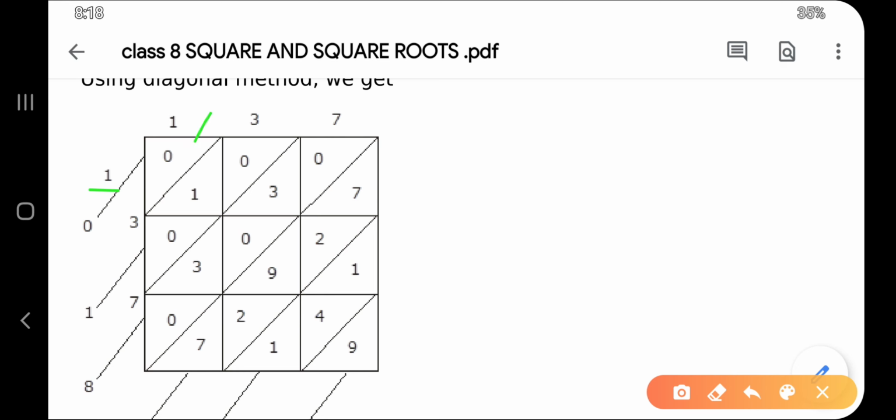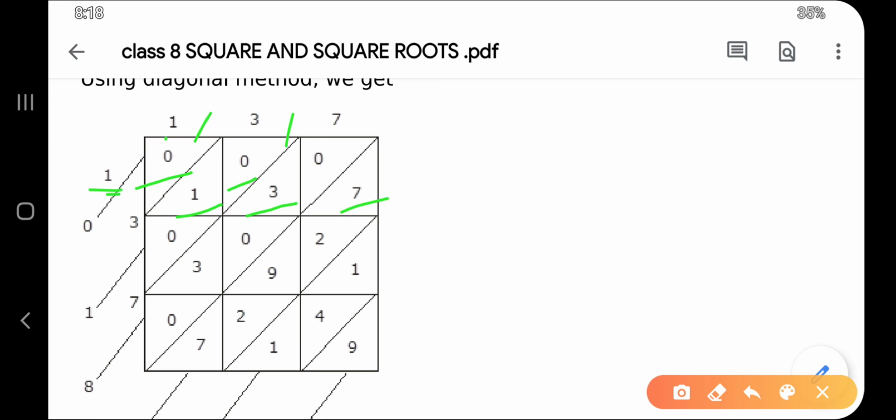1 multiplied by 1 is 1 itself, so the ones place you have to write in the lower box, and as it doesn't have any second digit, 0 would be written in the other box. Now 1 into 3 is 3 itself. The other box, or the higher sub box, is filled by 0, because it doesn't have any other value. 1 into 7 is 7.